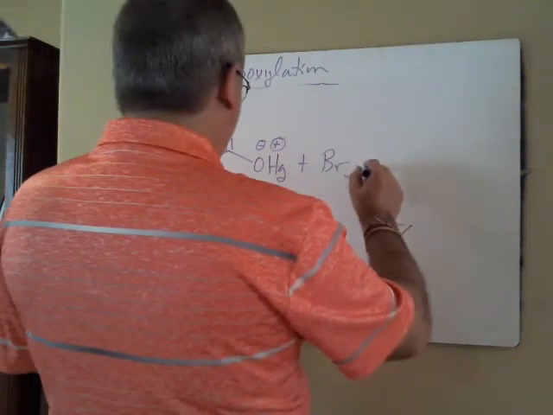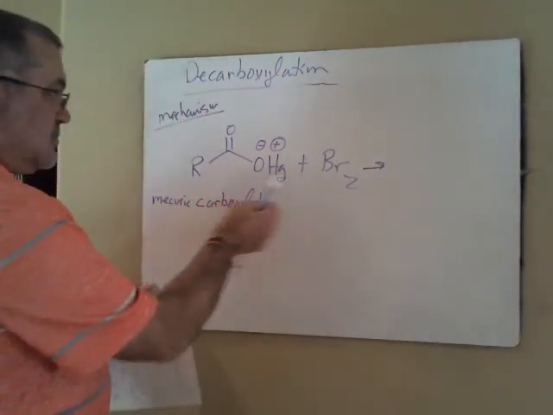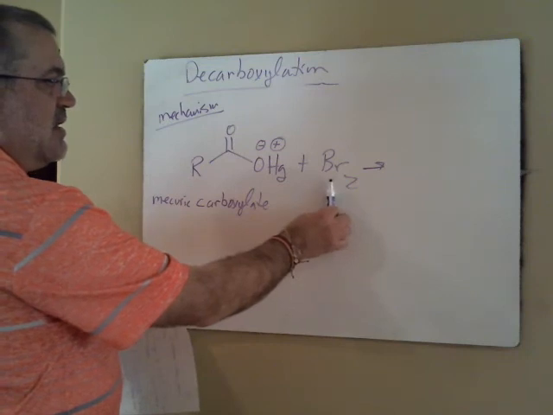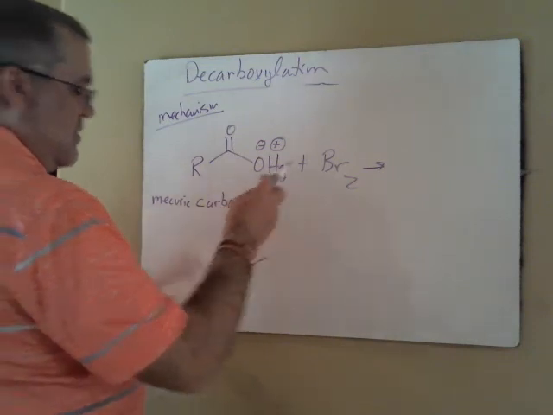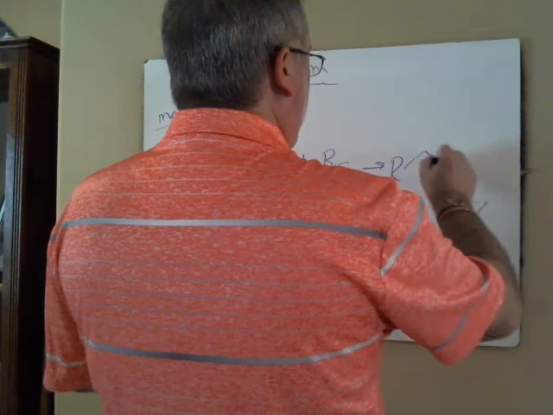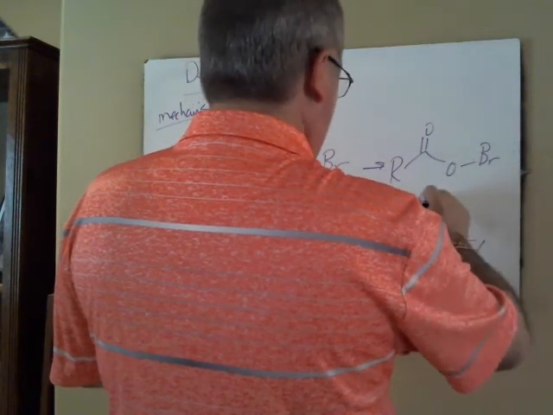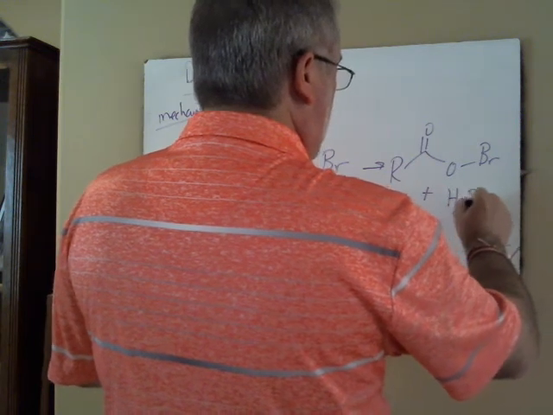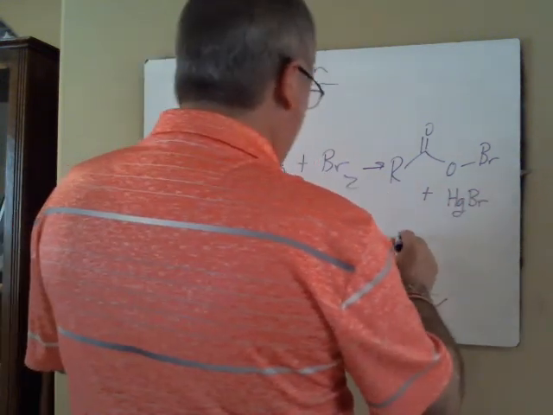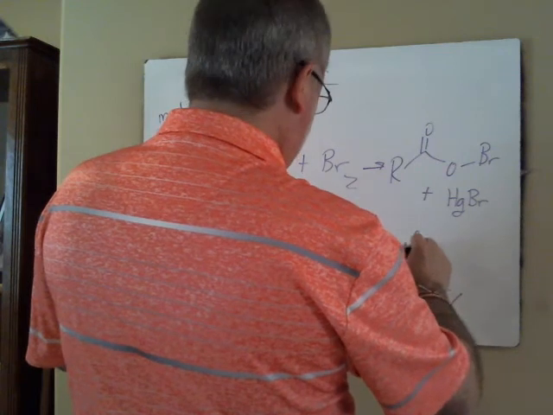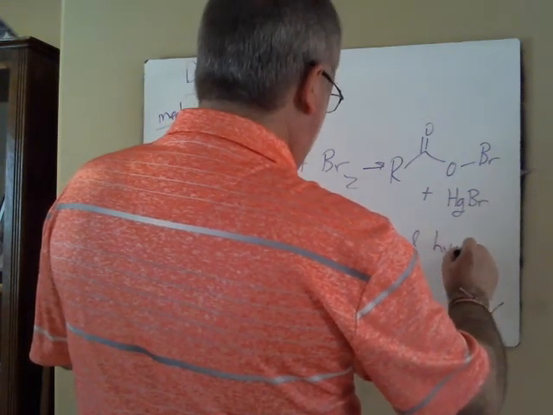Okay, once that forms, then your halide reacts with this, and you form this, which is an acyl hypobromite.